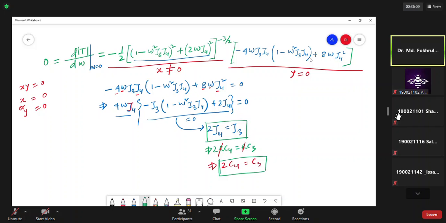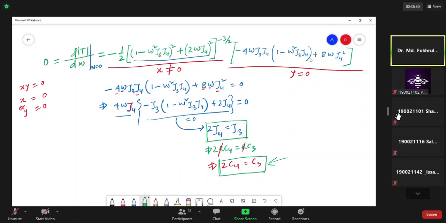So the capacitor C3 will be double of capacitor C4 in our circuit, in order to get the two-pole low pass filter. This is one condition, that capacitor C3 will be double of C4.